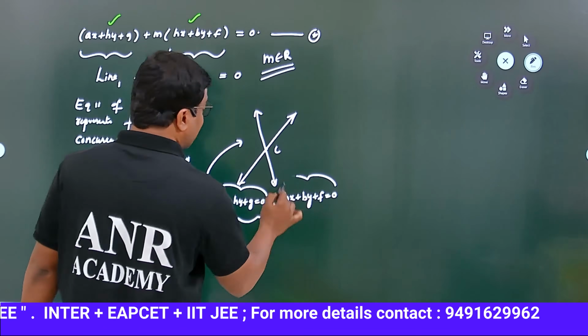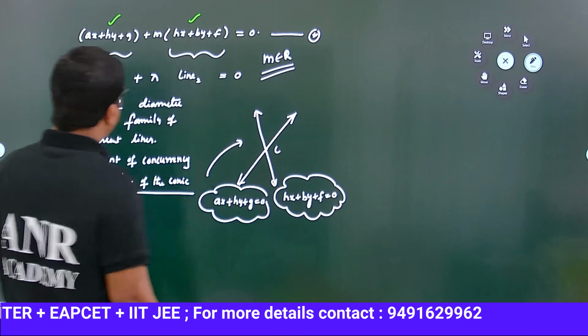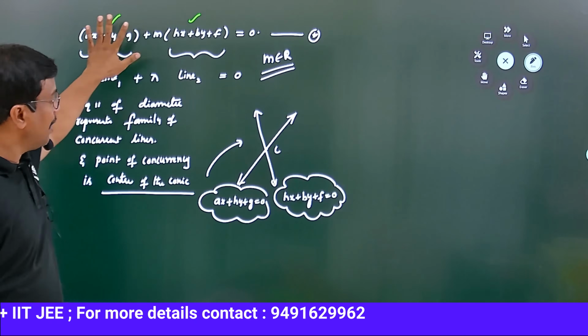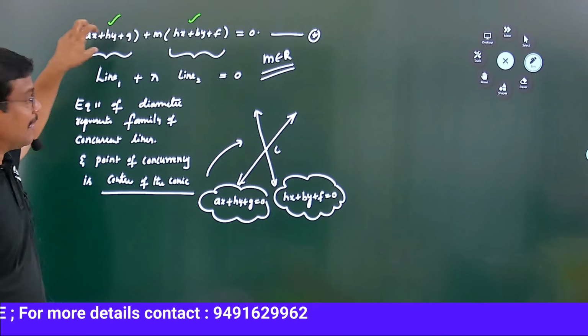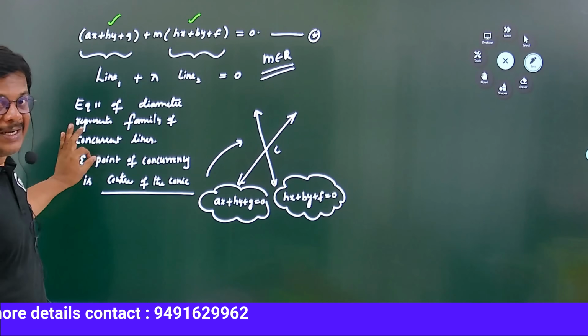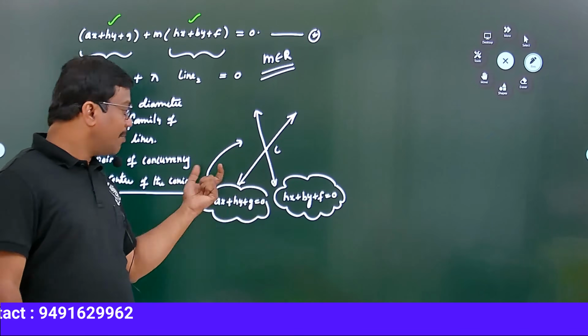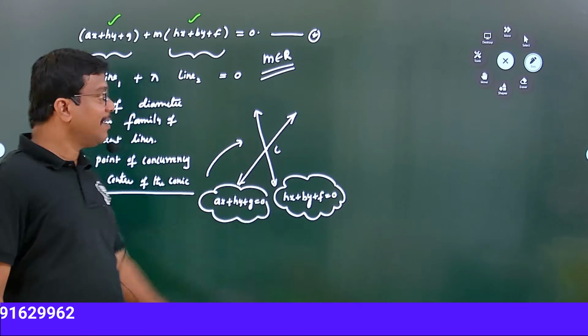The point of concurrency clearly indicates different diameters of the conic, and those different diameters pass through one common point, and that common point is clearly the intersection of the first equation and the second equation, right?